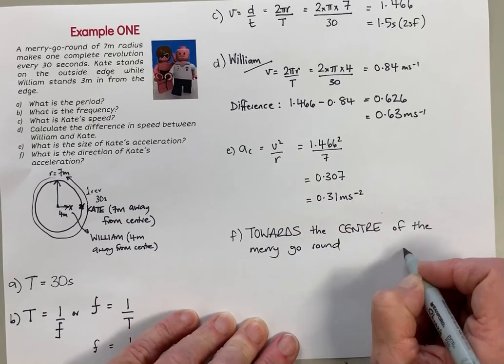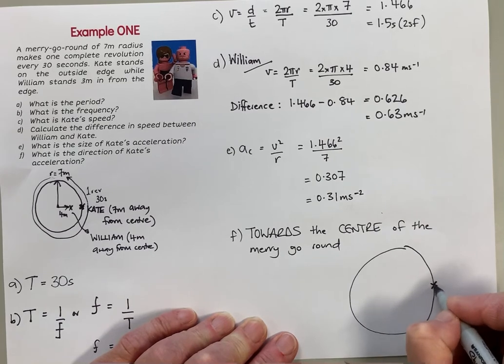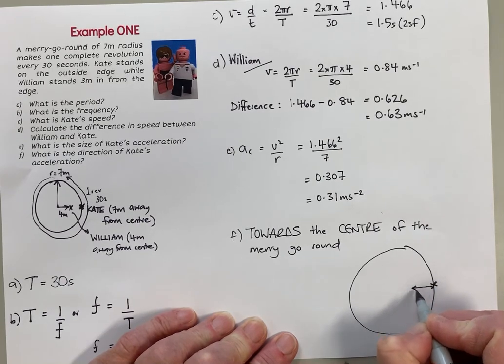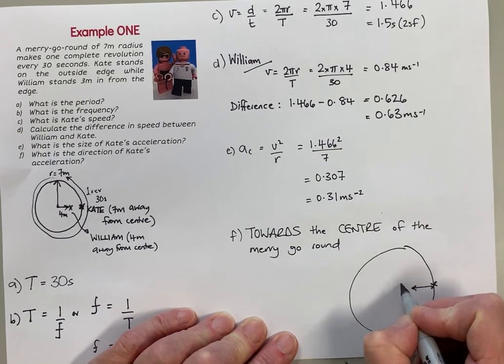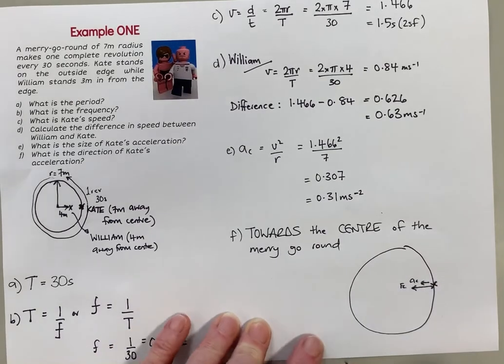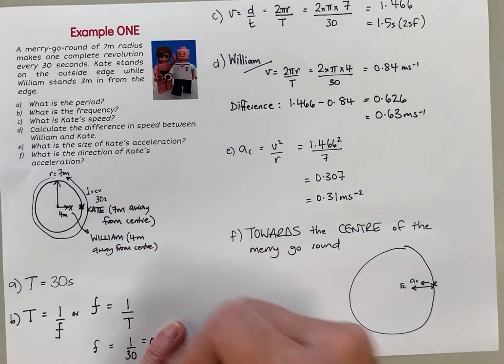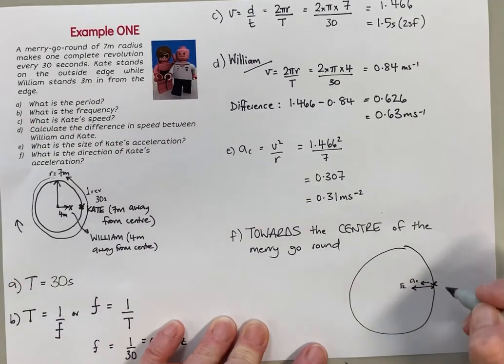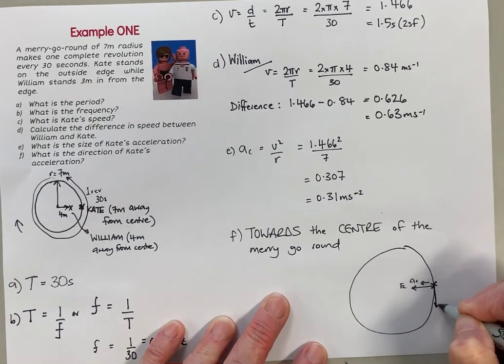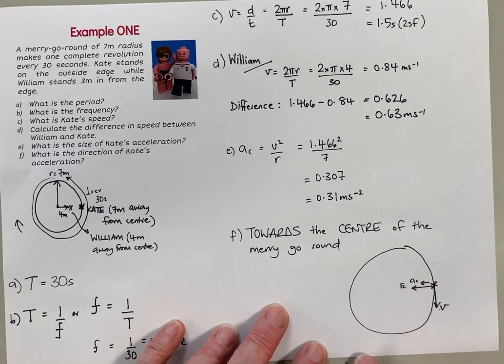I'll just draw a little picture here to remind you that if Kate is here, the net force, the centripetal force, is towards the center. Centripetal acceleration is towards the center. And if the merry-go-round is turning, let's say, in a clockwise direction, then the velocity will be at a tangent to the circle in that clockwise direction. That's just a little bit of a reminder there.